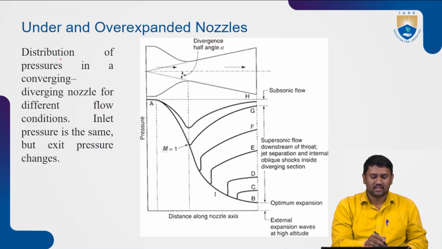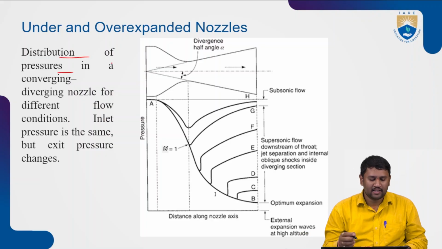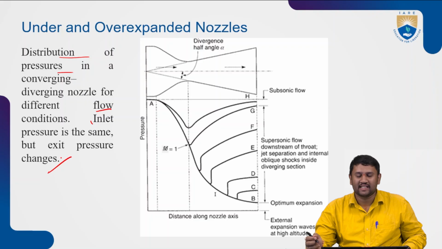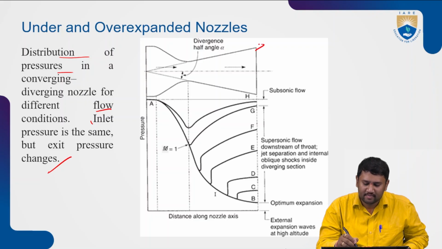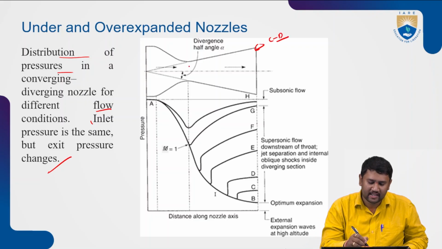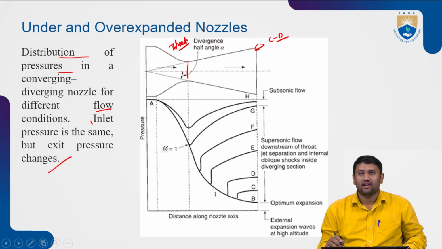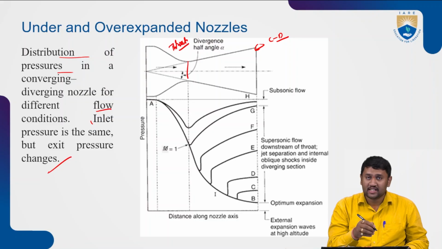The figure shows the distribution of pressures in a CD nozzle with different flow conditions, where the inlet pressure is the same as well as the exit pressure changes. This is my CD nozzle and this will be my throat. What happens in the convergent part of the nozzle?